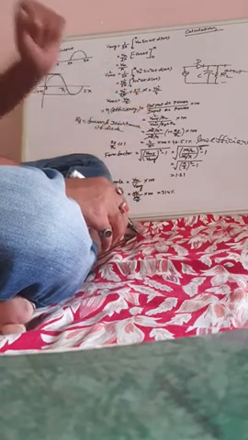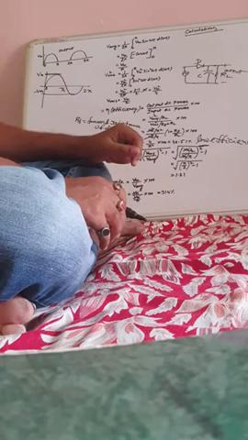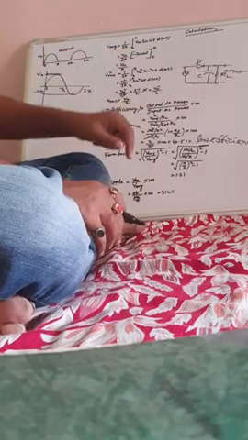Output is always taken from the load. So it is VAVG square by RL divided by Vrms square by RF plus RL. This is for the input.